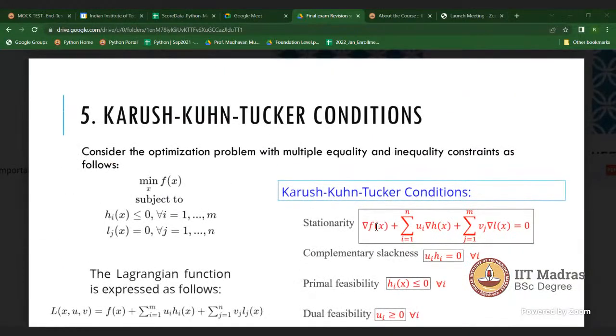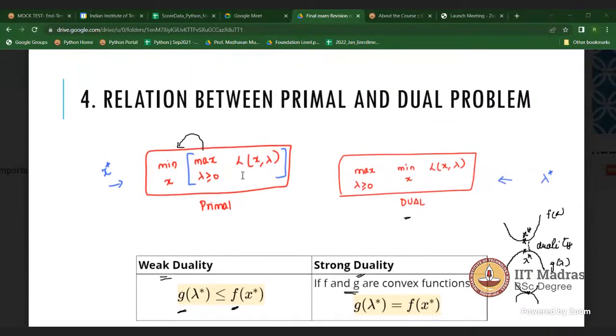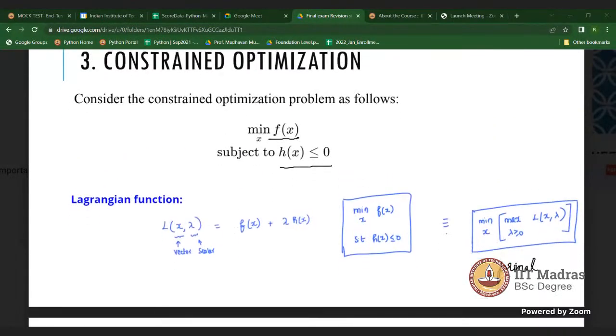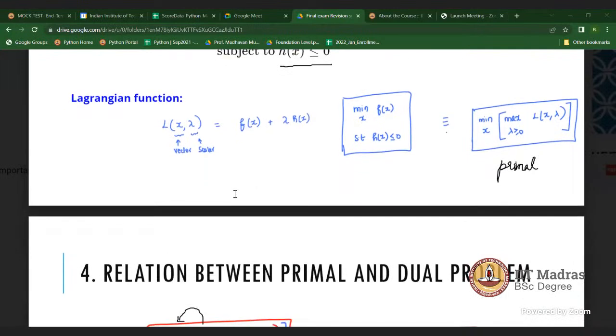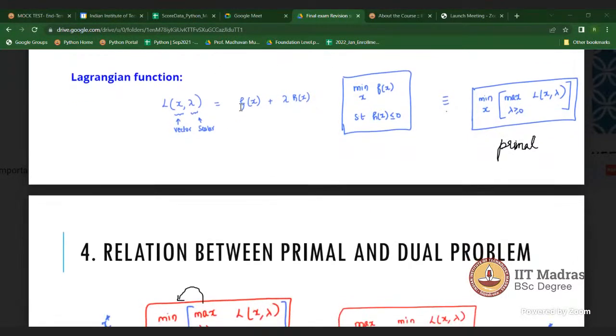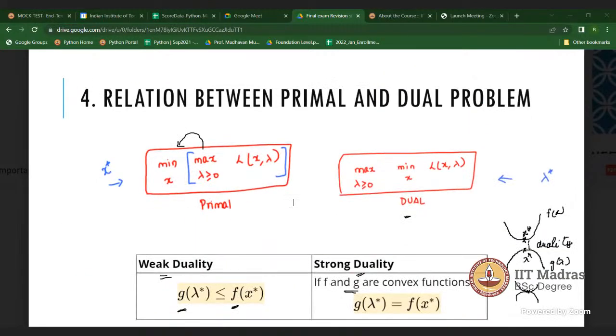When we have constraints, we have the Lagrangian of x comma lambda, and its gradient should be equal to 0 at the optimal value. So the gradient of f(x) plus lambda times the gradient of h of x. We have only one constraint, that's why we have mentioned it as lambda.